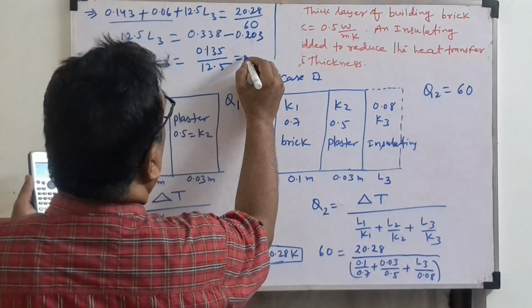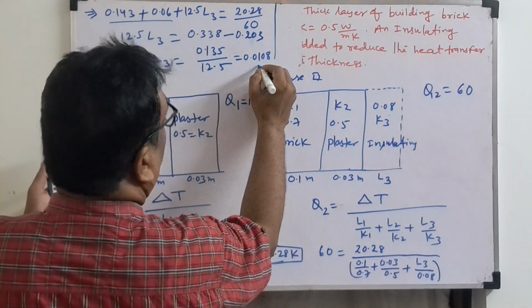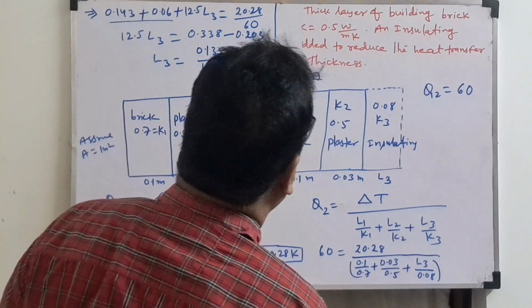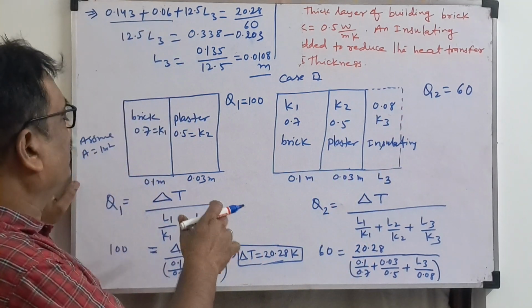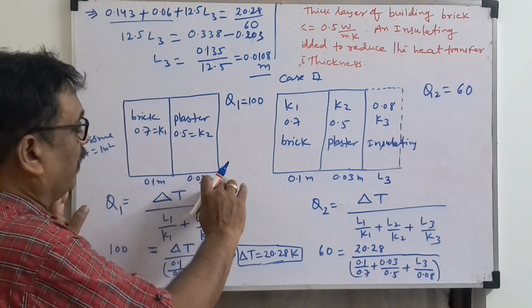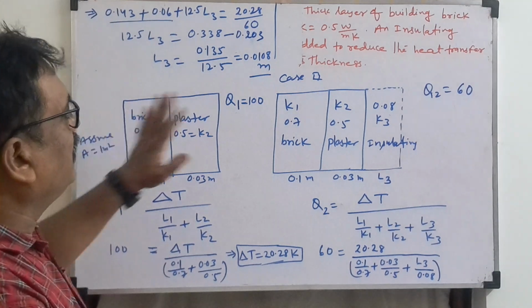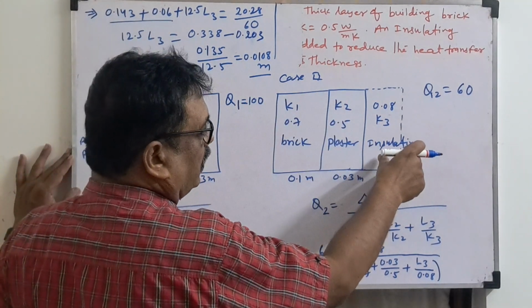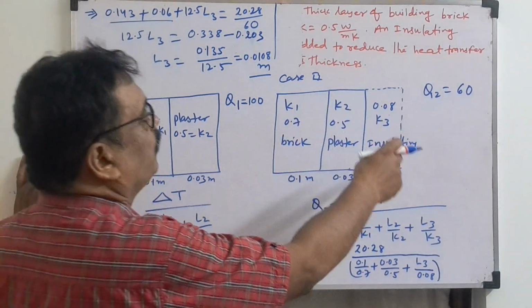So L3 is 0.0108 meter. This is the thickness of the insulating part. What this question is telling is, if a brick wall and a plaster wall are there, and one insulating wall is added, how much will the heat transfer reduce? The heat transfer will reduce by 40%.